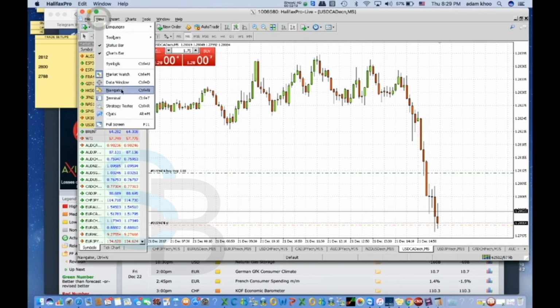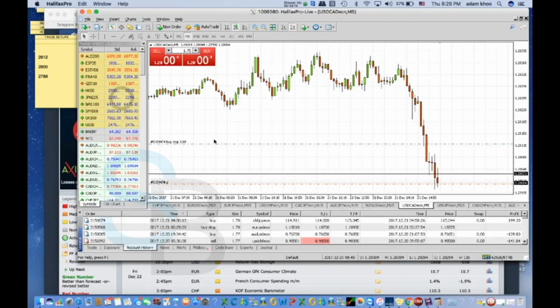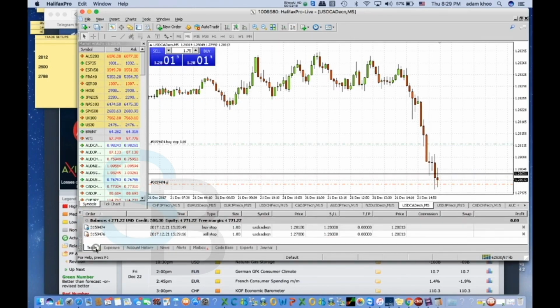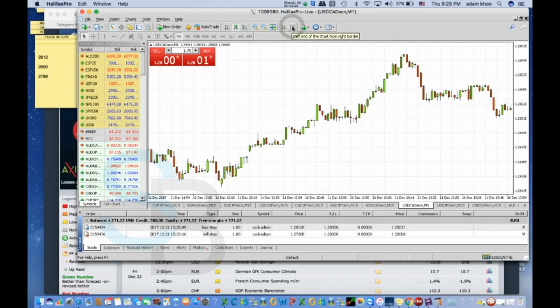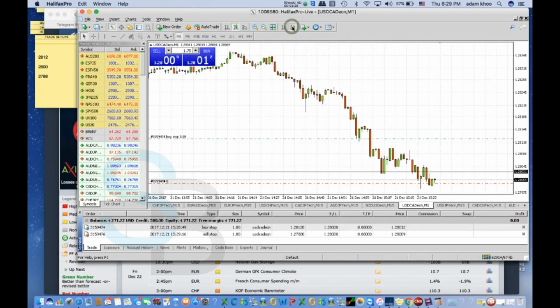I'm going to open my terminal, monitor my two orders here, and let's see what happens. Switch to 1 minute candles. So my buy order is there, sell order is there. Let's see if it triggers any. I've got 1 minute for the news to start.